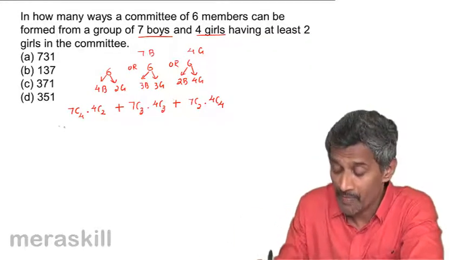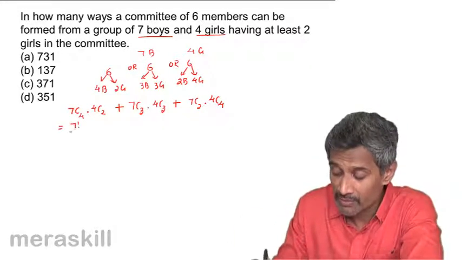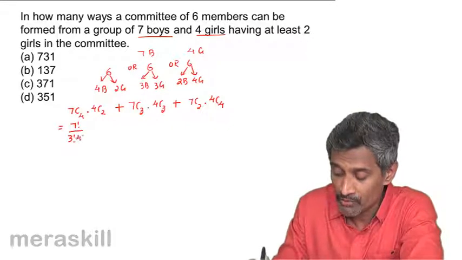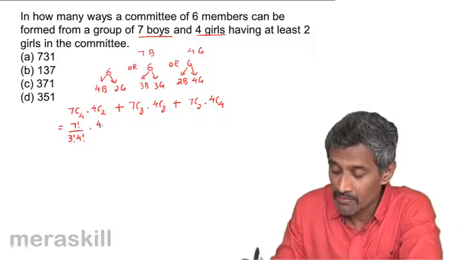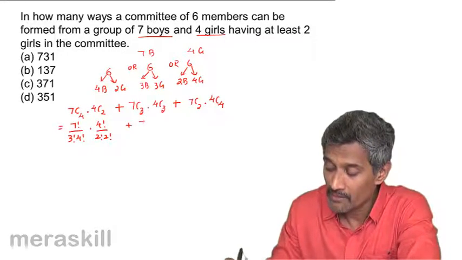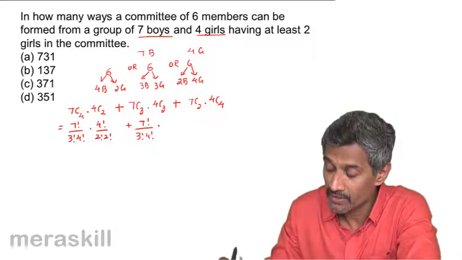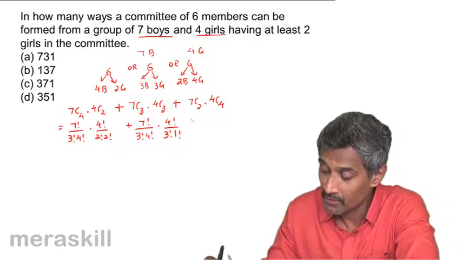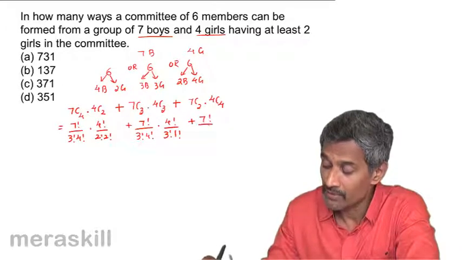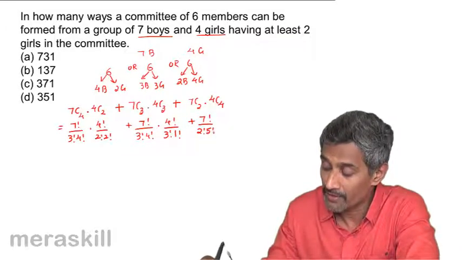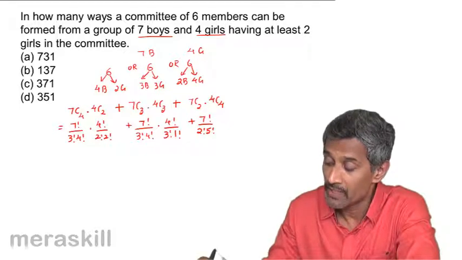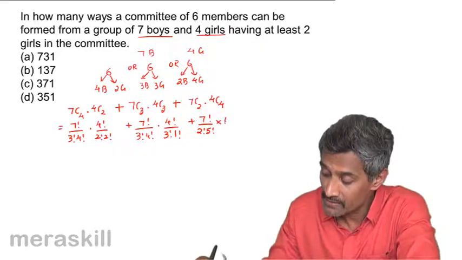So this turns out to be 7 factorial by 3 factorial into 4 factorial, into 4 factorial upon 2 factorial into 2 factorial, plus 7 factorial upon 3 factorial into 4 factorial, into 4 factorial by 3 factorial into 1 factorial, plus 7 factorial upon 2 factorial into 5 factorial. Now 4C4 in any case is 1.